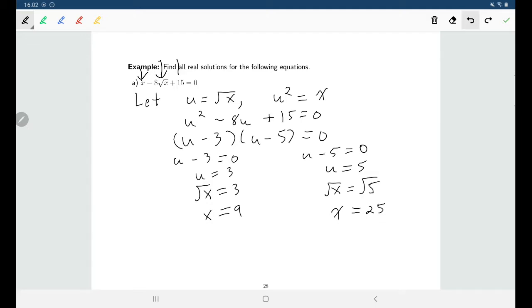That adds up to 0. And same thing would be true with the 25. 25 minus 8 times the root of 25, 8 times 5, plus 15. Again, that also adds up to 0. So for both of these, left side and right side would be equal. We can say that our solution set contains two values, 9 and also 25.